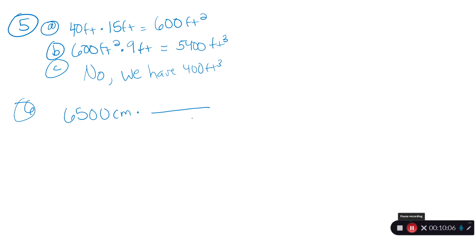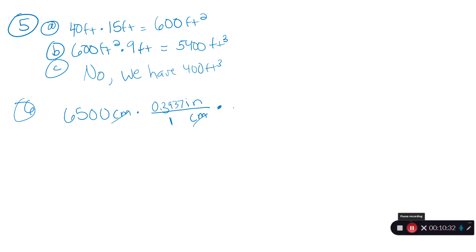I know in that first fraction I want centimeters at the bottom so that I won't have centimeters anymore. And my goal is to get to feet, and if you look through our conversion factors here, we don't have anything from centimeters to feet, but we do have centimeters to inches. So to fill that in, it says 1 centimeter is approximately 0.3937 inches. And so where would that leave me? That would leave me at inches.